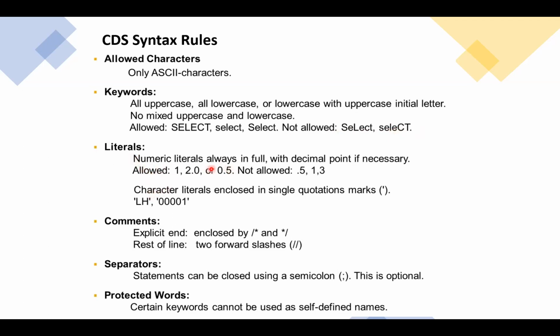And literals. For numeric literals, if we want to use any decimal places, we have to give the full number. If it is 0.5, for example, we should give 0.5, and we shouldn't give it like this. And decimal notations must always be with the period, not with the comma. The comma is used explicitly in the world of HANA to separate two fields or two separate things. If you are writing unions or something, it will be used to separate those, but not like this.